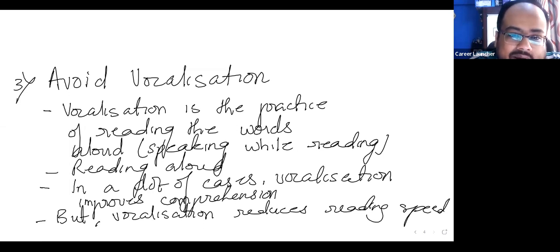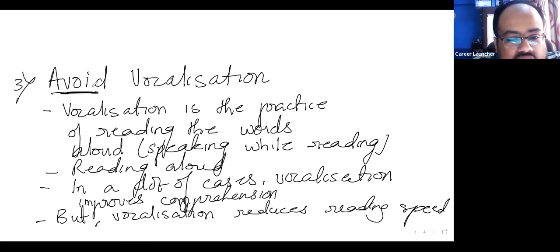Chances are you might not complete the passage if you vocalize, which is why I'm saying avoid vocalization. To the best extent possible, try to reduce vocalization.